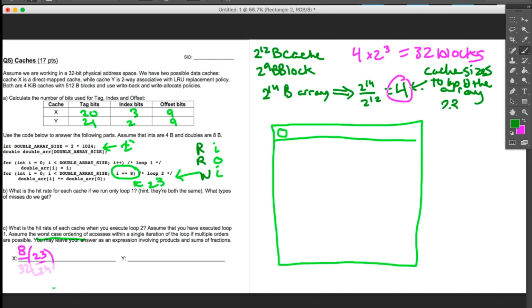Now when we're moving on to the second quarter, we're going to read the element I, which maps to the same location. So we have to read I, so we get a miss, and then we have to read 0, but we just overwrote the block that had 0 in it with I. So we now need to load back in 0.